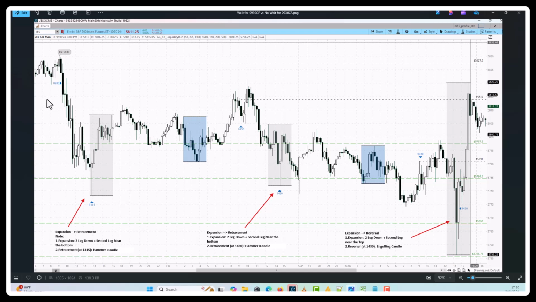So basically we have expansion right here to the downside, and then it has a non-leg down right there. So it's 2 legs down, first leg, second leg, and look at the second leg, it's near the bottom, and then it's going to retrace. Right, you have expansion, and then 2 legs right there, retracement, and another expansion move right here.